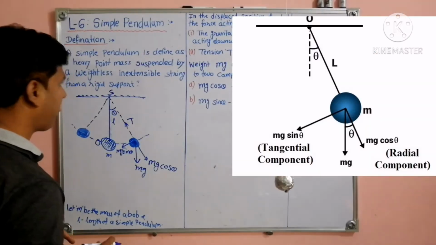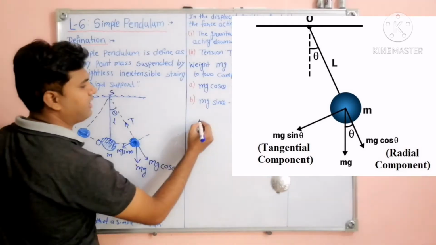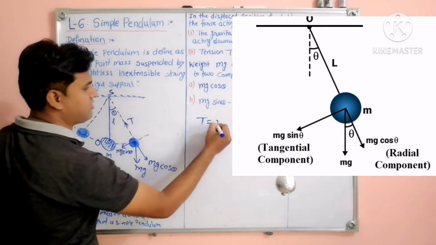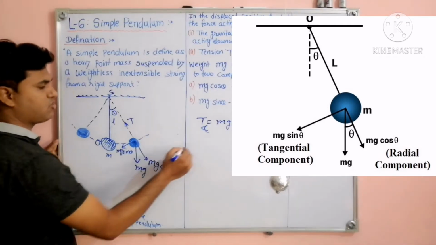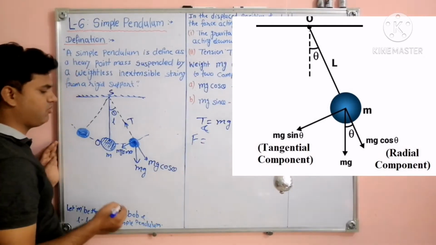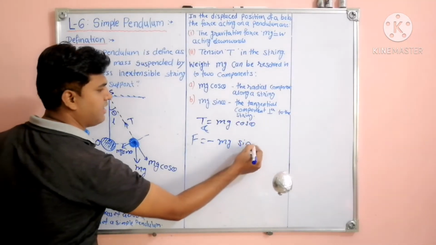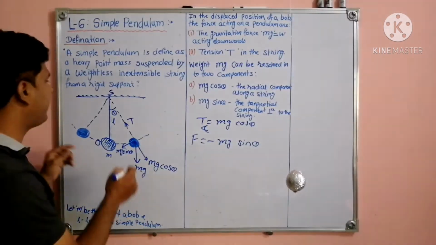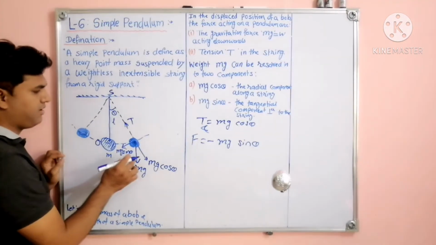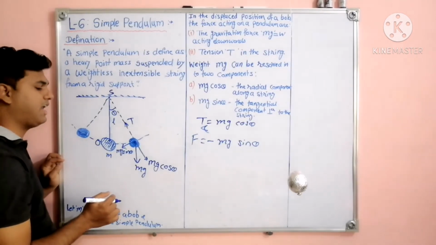So therefore, once again we write that the tension T is balanced with the mg cos theta component, and the restoring force F is equal to minus mg sin theta. Here the negative sign indicates that the angular displacement theta and the force are in opposite direction.